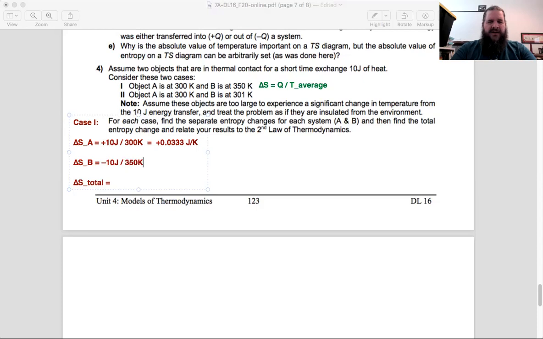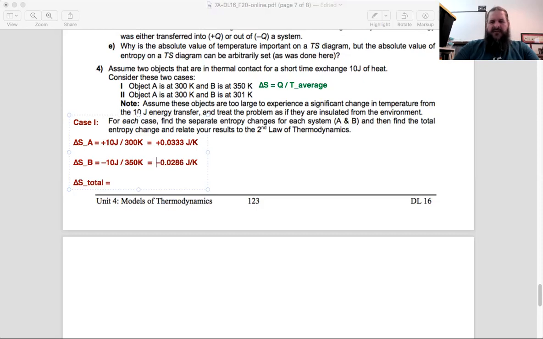Right, 350 Kelvin. So we divide those and we get negative 10 over 350. And I'm getting about 0.0286 joules per Kelvin. So that means A is gaining entropy, B is losing entropy.